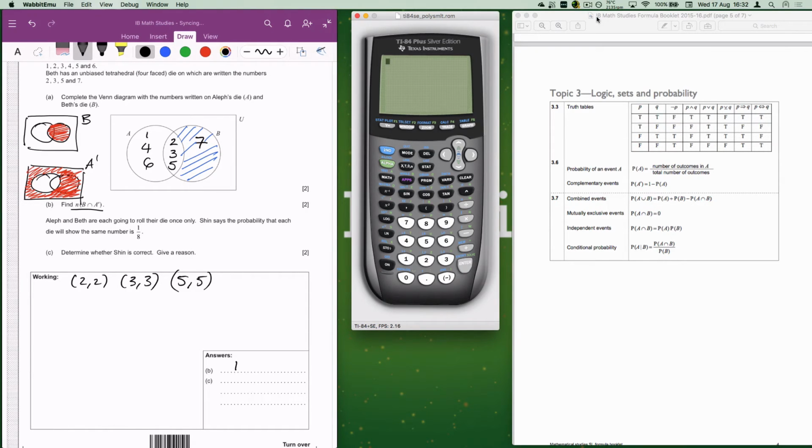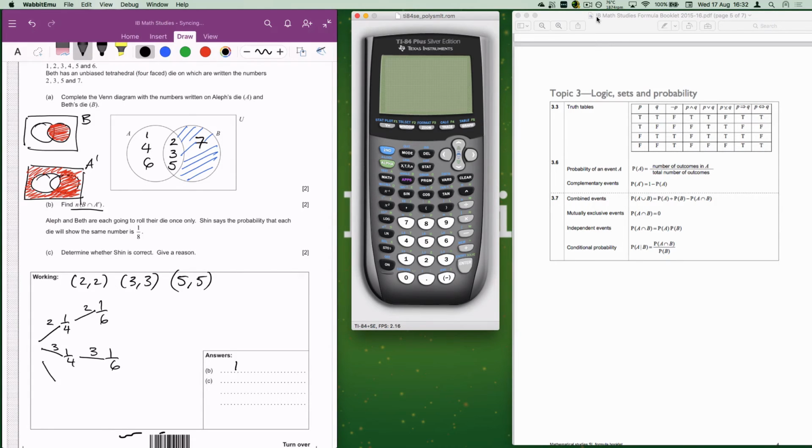And let's do a quick tree diagram and see. So we could roll a 2. So the probability of rolling a 2 on the 4-sided dice is 1 out of 4. And then we could roll a 2 again on the 6-sided dice, and that'd be 1 out of 6. Okay, and that'd be there. We could roll a 3 on that dice, that'd be 1 out of 4. And we could roll a 3 again, and that would be 1 out of 6.